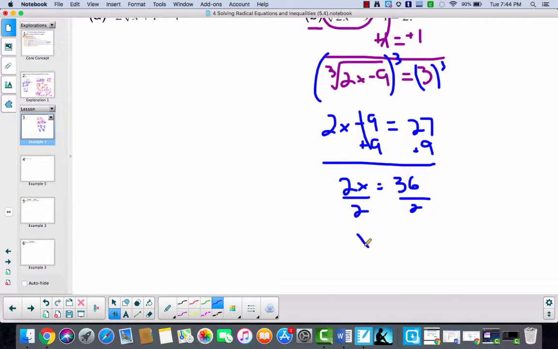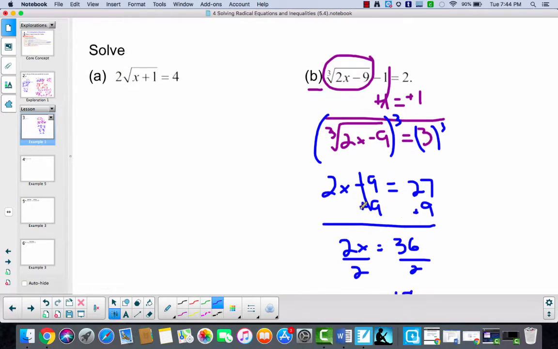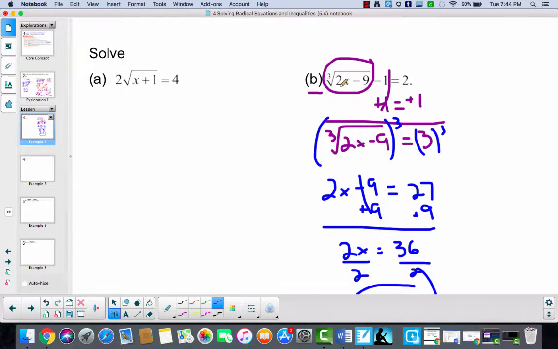And I get x equals 18. Okay, again, go back and check. Try that 18. If I put 2 times 18, that gives me 36. 36 minus 9 is 27. What's the cube root of 27? Positive 3. Minus 1 gives me a positive 2, so that one works.